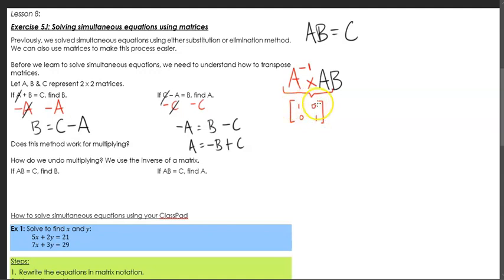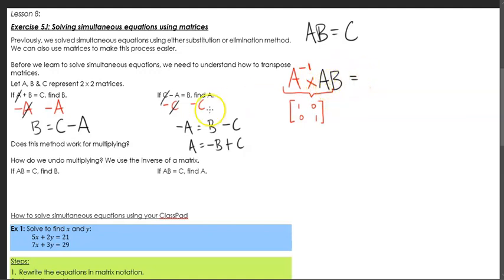And when 1, 0, 0, 1 is multiplied with matrix B, we end up with just matrix B by itself. So what I've done is I've just forced this new matrix. And I have no idea what these matrices are.